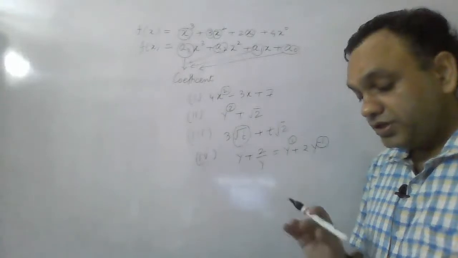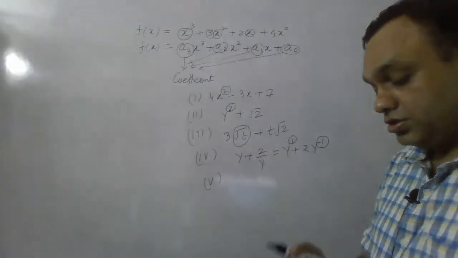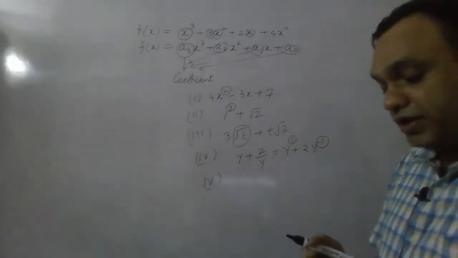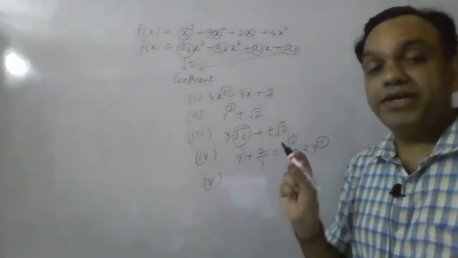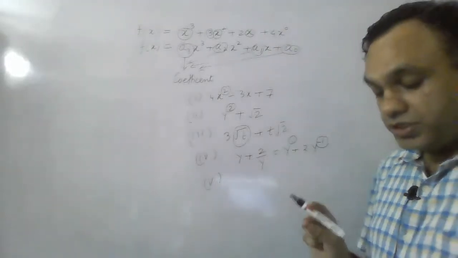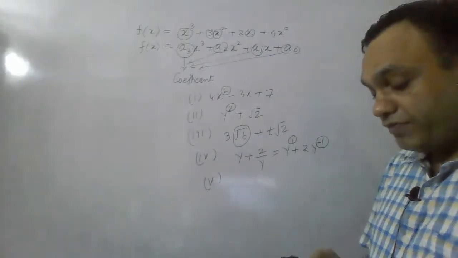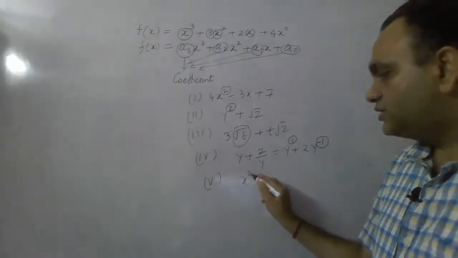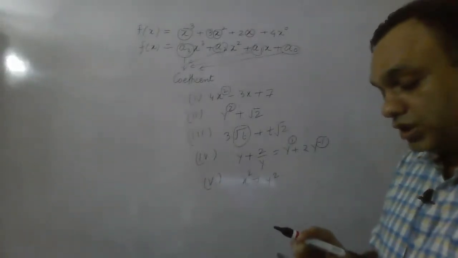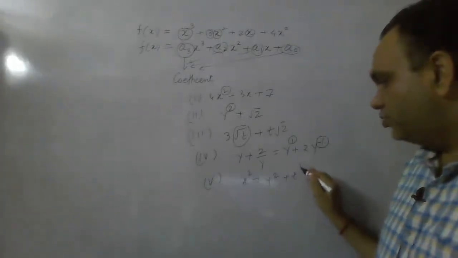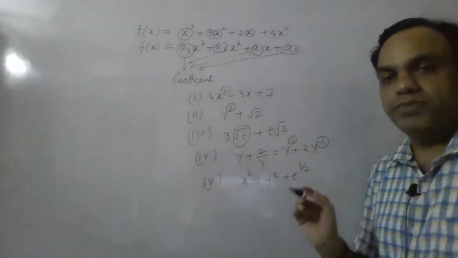Next, if you look at the last one, they have used two variables, x and y, while the question is asked for a single variable polynomial. So wherever two variables are used, some power of x and some power of y, say x square plus y square plus something, plus z, and t raised to 1 by 2, here multiple variables are used, so it is not a polynomial.